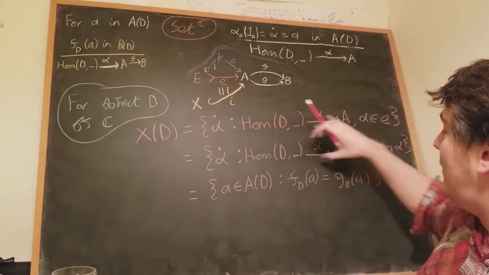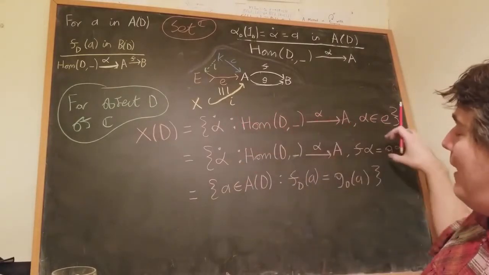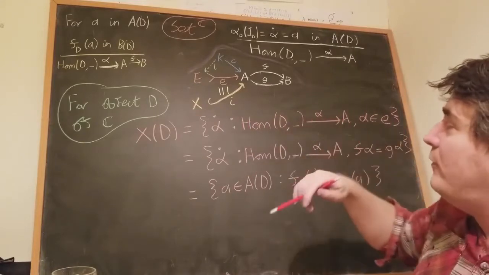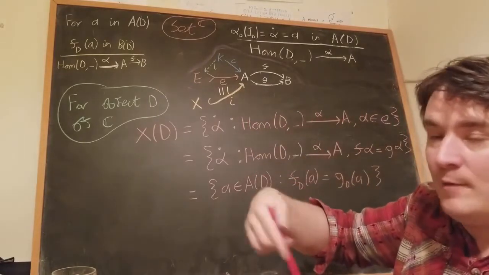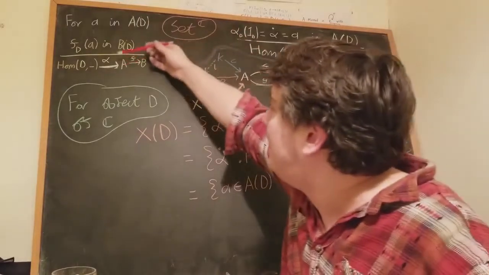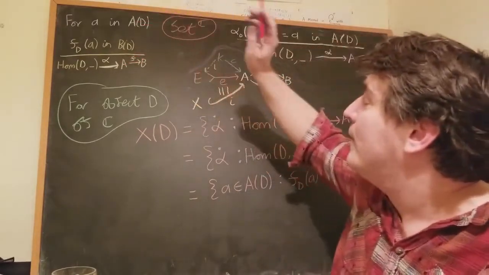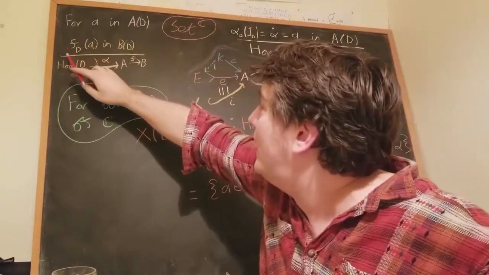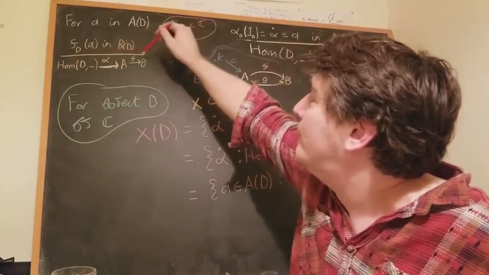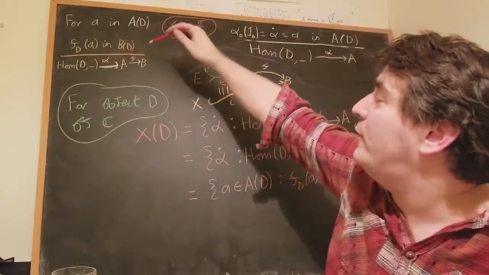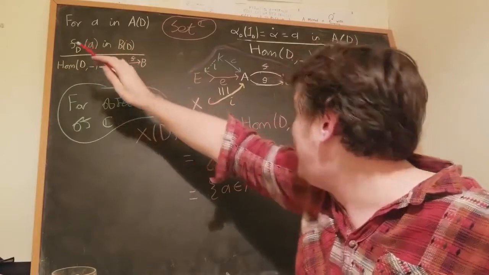But then if we just translate this from arrow speak back to element speak, which we can do because we know that f after alpha, this arrow, just corresponds to the element f_d of a.